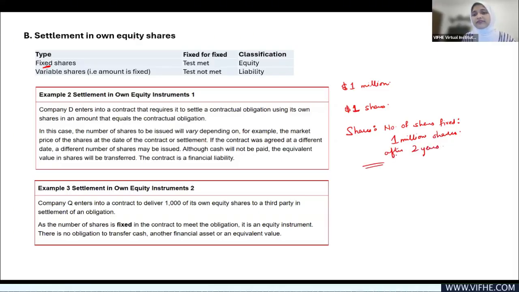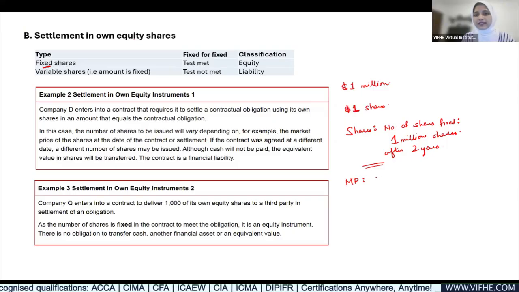Now you'll think and tell me that if I fix the number of shares, after 2 years, the market price of this particular share can be anything, can be $5, can be $4, can be $2. So does the repayment that I'm trying to do act as an issue of equity instrument or a liability?